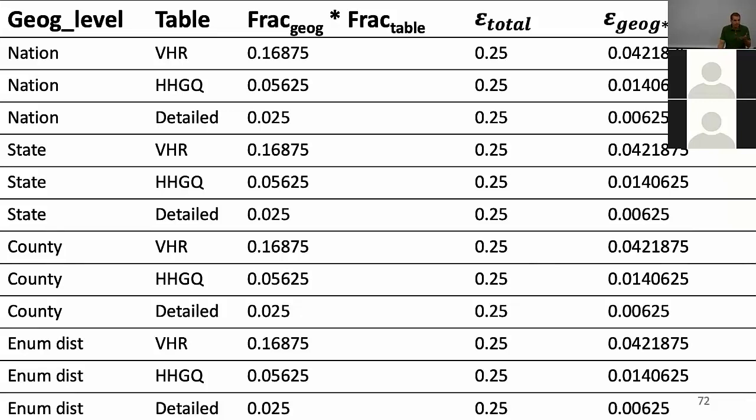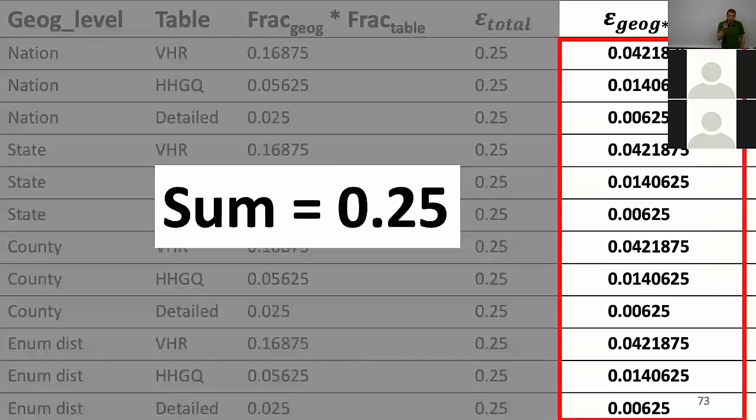And that is then used to generate the dispersion parameter for the Laplace curve that they use to infuse the noise. Now, the key thing to know here is that the sum of all of those epsilon geog table rows must sum to the global privacy budget. So it's 0.25. If you add up all those numbers, I'm pretty sure you get 0.25.